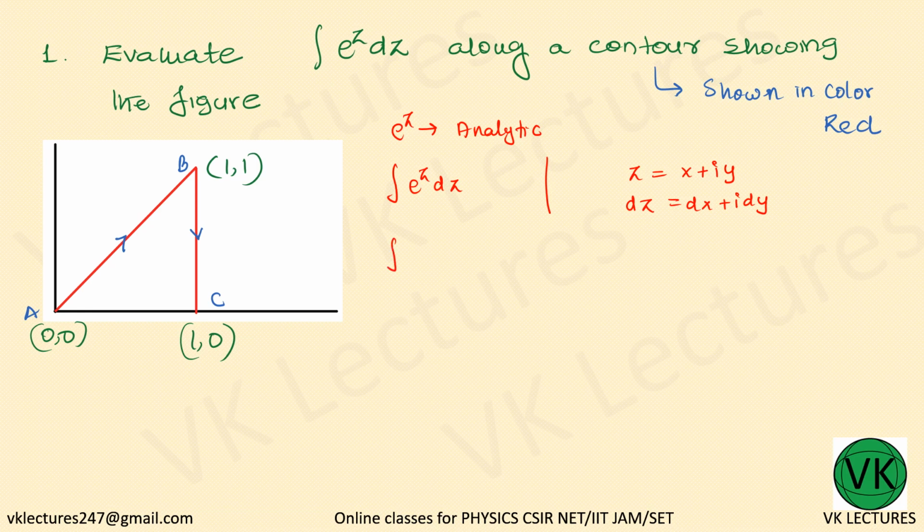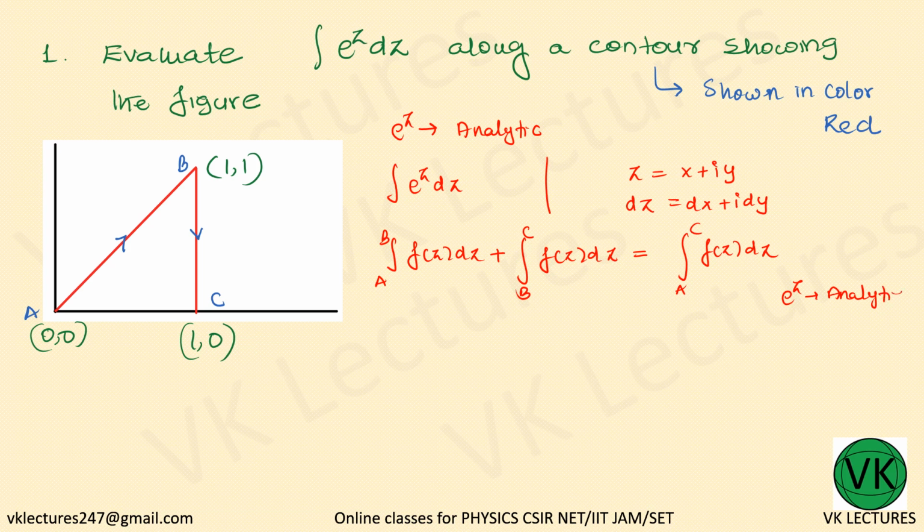Integral from a to b of f of z dz plus integral from b to c of f of z dz is equal to integral from a to c of f of z dz, because e to the power z is analytic. Now we need to find integral from a to c of f of z dz.